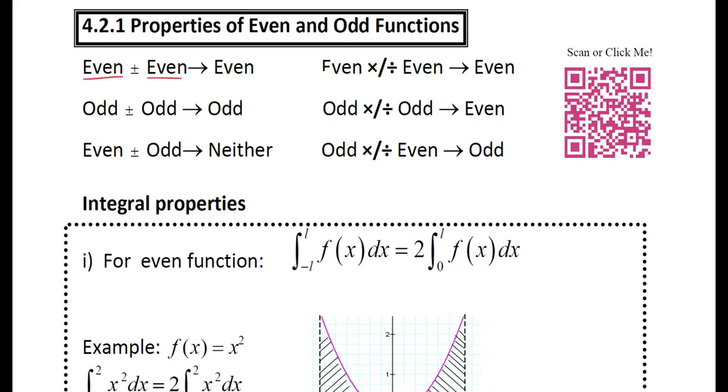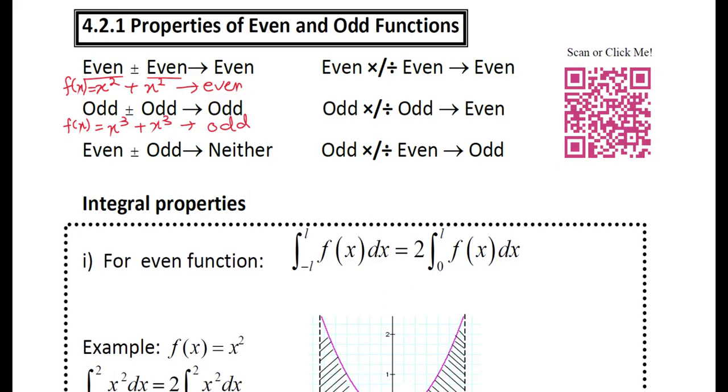Let's say x squared plus x squared, so you will get even function. And then let's say odd plus odd, you will get odd function. For example, x cubed plus x cubed, you will get odd function.